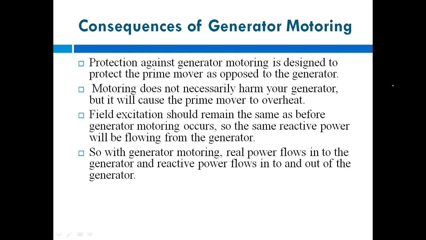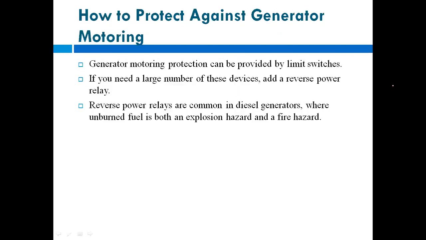Real power means which power, active or reactive? Correct, it is active power. So active power flows into the generator and reactive power flows into and out of the generator. This will happen when motoring is there.